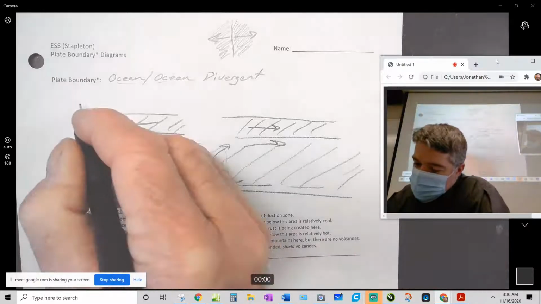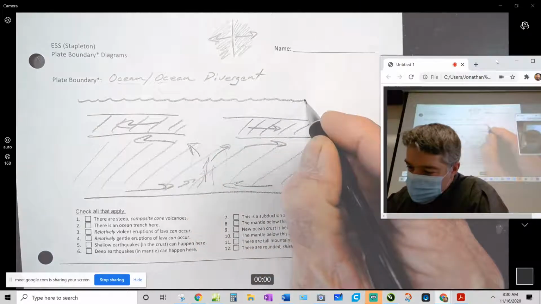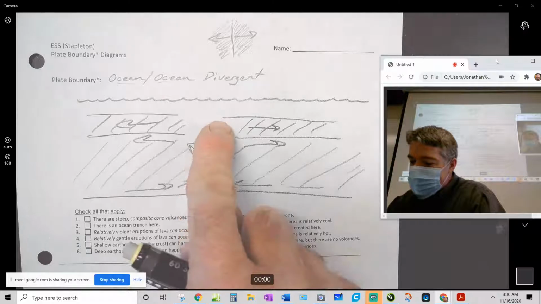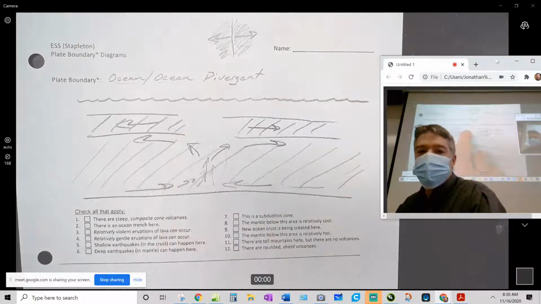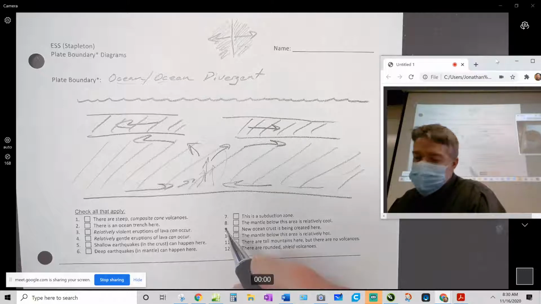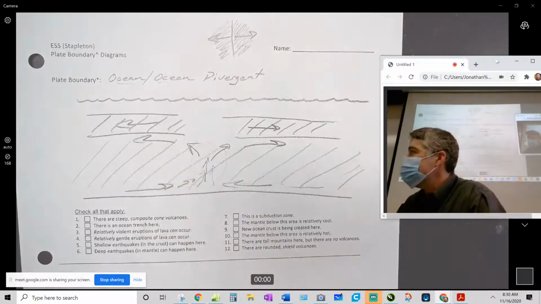I'm going to draw some water, just because I think oceans look better with water. So there's my ocean. Now I need to draw what's happening here where these two plates are meeting. See if you can remember, or figure it out based on what you see here.